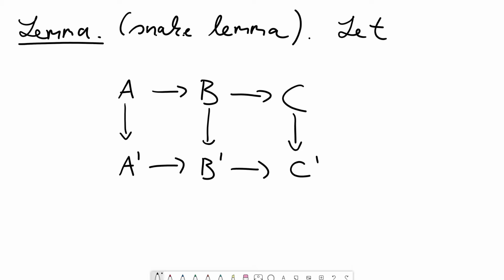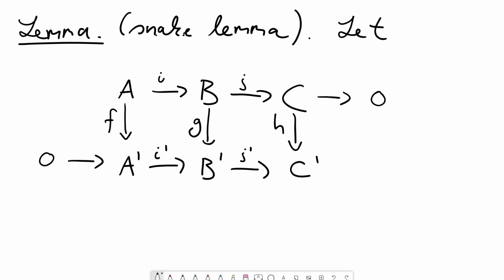And finally, we extend this diagram by a 0 up here and a 0 down here. And in order to talk about all those arrows later on, let's give them names. So this vertical one is called F, this one is G, that's H. The first horizontal one is I, the second one is J, and the lower ones consequently get a prime, I prime and J prime. Okay, so this is sort of the input data of the lemma.